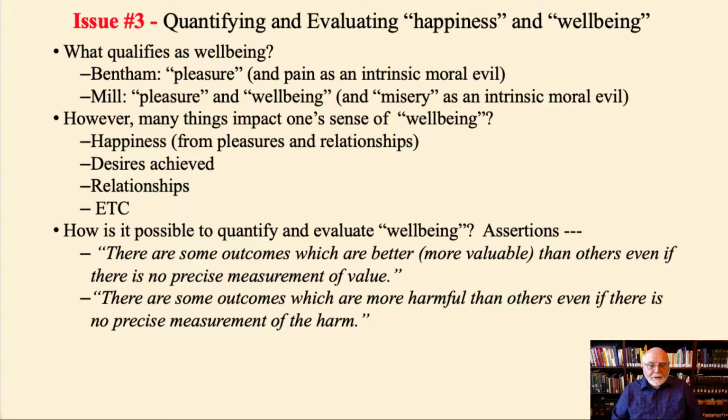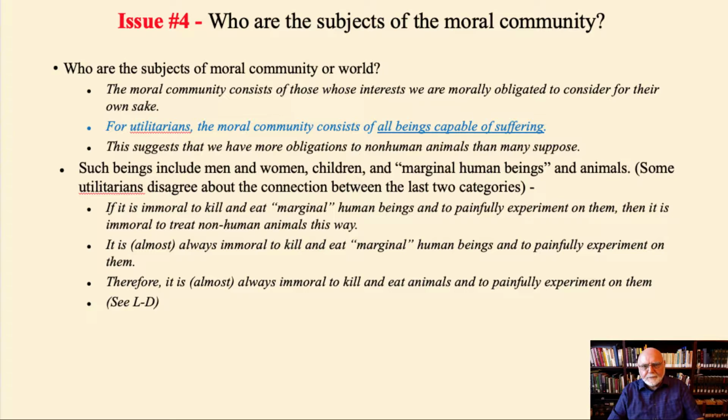By the way, it is this question of measurement that drives so much discussion today in politics and social theory, of statistical analysis and surveys and the like. But there are some things which are just manifestly and clearly better in and of themselves.